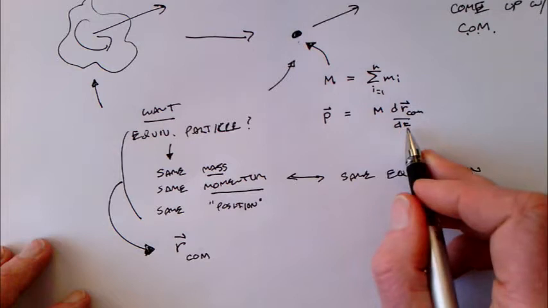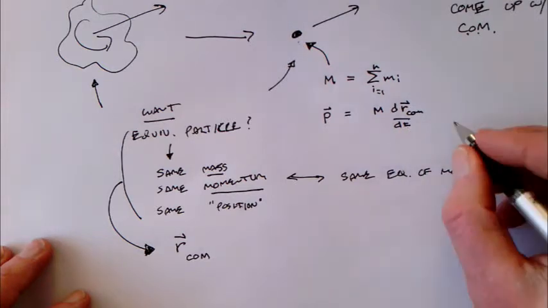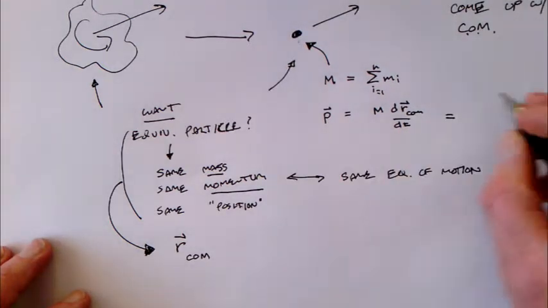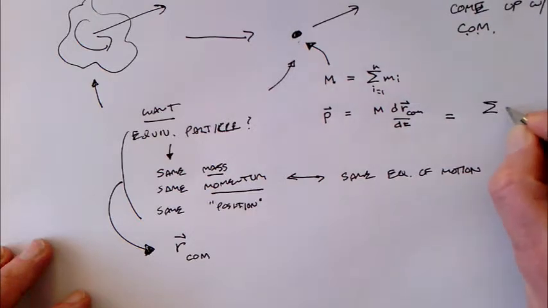So the momentum is the mass times the velocity, but the momentum also must be the summation of all of the momenta of the individual particles in the system, right?